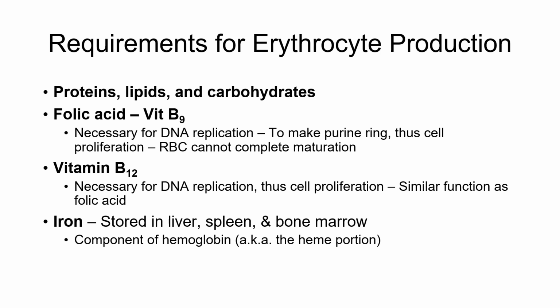What are the basic requirements that are needed for erythrocyte production? We talked about iron before, but the other components are proteins and lipids and carbohydrates, folic acid, which is also called vitamin B9, which is necessary for DNA replication in order to make the purine ring and thus allow for cell proliferation.